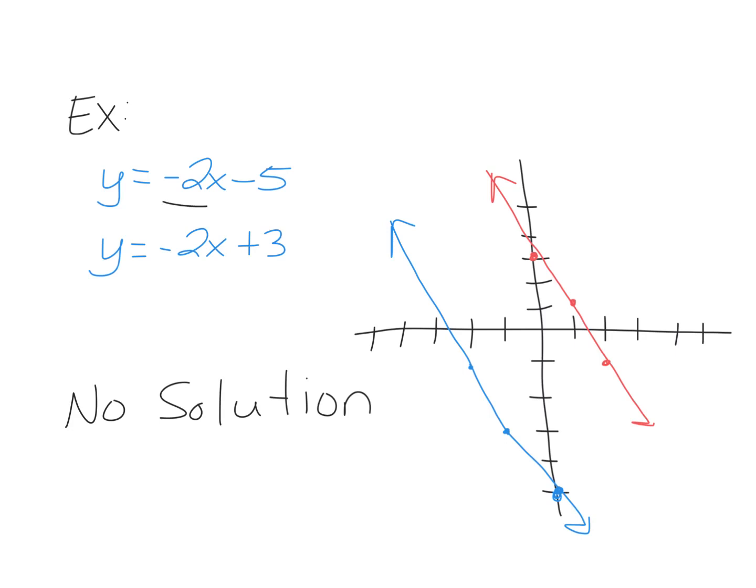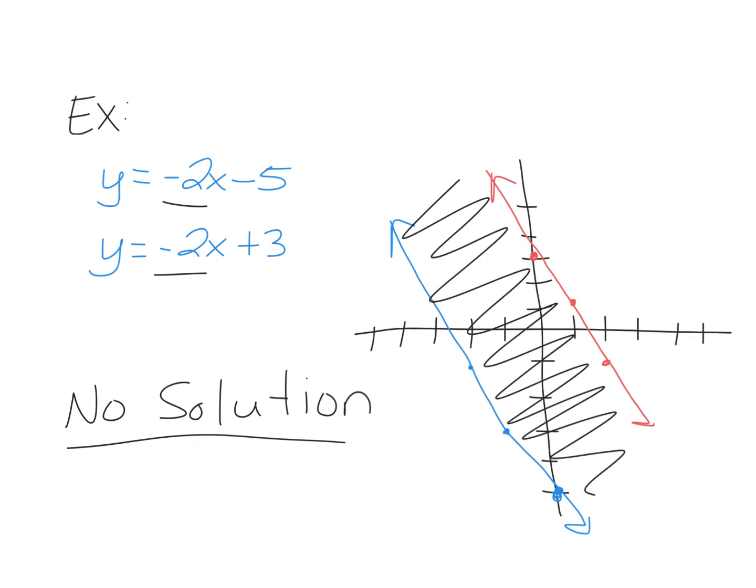They have the same slope, but is their b the same? No, that's why it's no solution, okay? If their b was the same, how would that have changed our answer? It would be the whole thing, right? That whole line would be the same, so we would have infinite solutions. Okay, but since here we have no point of intersection, we have no solution.